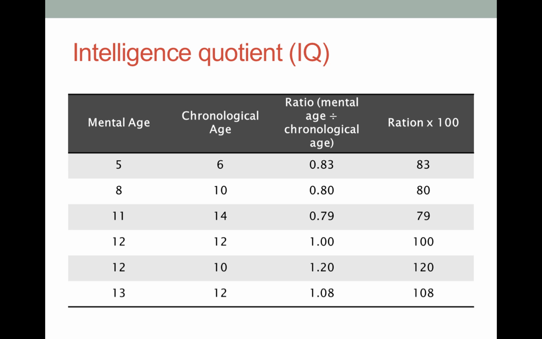If the child is performing on the test with a mental age of 12 years, and they are 12 years of age, they would have an IQ score of 100 because 12 divided by 12 equals 1, and 1 multiplied by 100 gives us 100. A child who is achieving a mental age of 8 on the test, but who is actually 10 years of age, would get a score of 80 because 8 divided by 10 equals 0.8, and 0.8 multiplied by 100 gives us 80, etc.